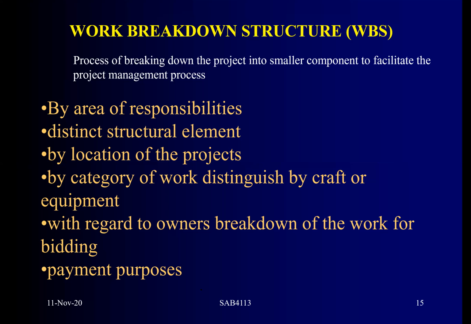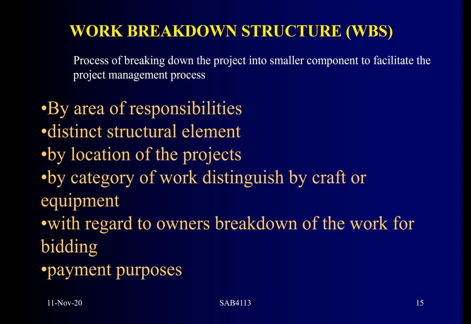Okay, WBS, work breakdown structure. Work breakdown structure, WBS, can be defined as the breakdown of activity into smaller units which are more manageable or can be measured so that you can delegate the work to the right people.